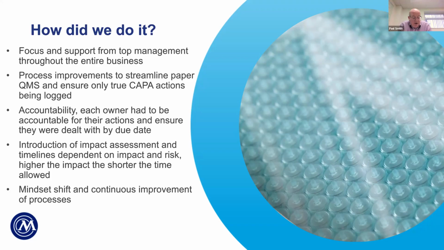The other thing we then introduced was an impact assessment. So where you have a high critical impact event and you need a CAPA to fix it, they're the ones you need to focus on and move to fixing, rather than those for the more minor impact.